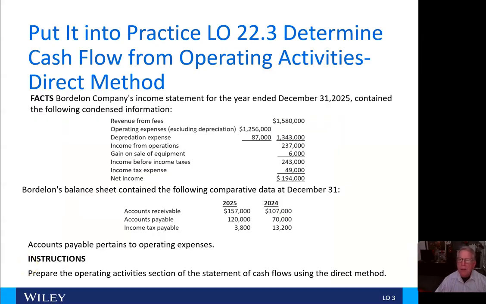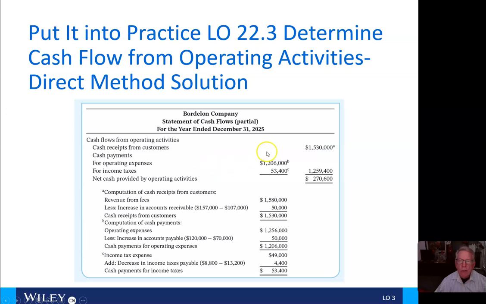As we come back to the PowerPoint, when we left off, we were looking at the solution to this, and we were going to prepare the operating activities section of the statement of cash flows using the direct method with these numbers. So the statement of cash flows, partial. Here is our cash flows from operating activities. And we have our cash receipts from customers.